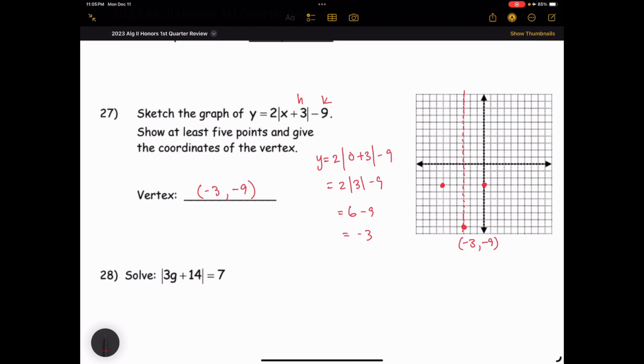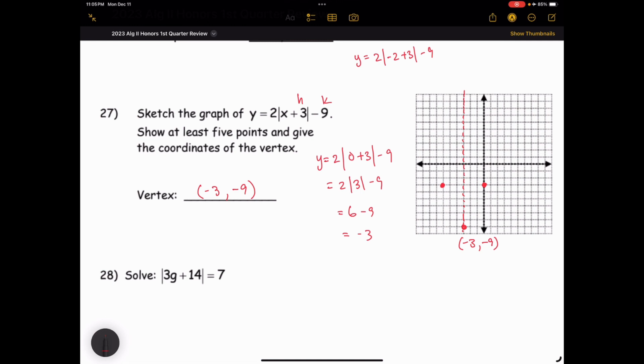Let's pick -2. When x is -2, what happens? All right, when x is -2, we're going to get two times -2 plus 3, absolute value, minus 9.